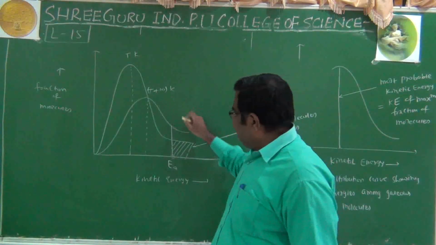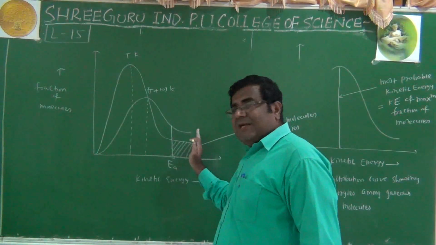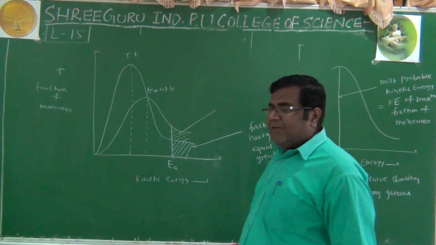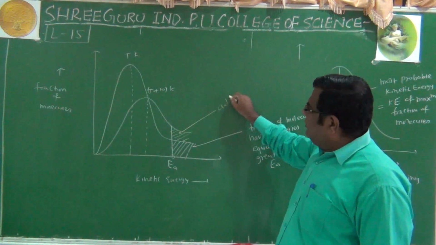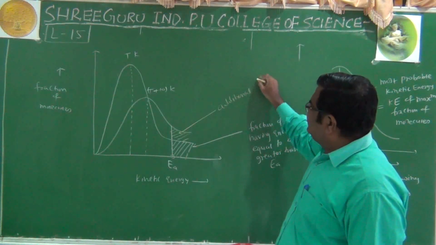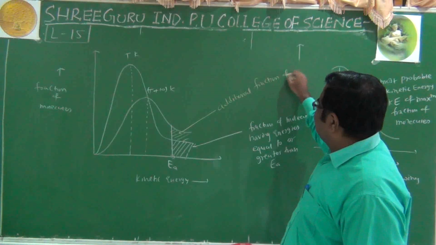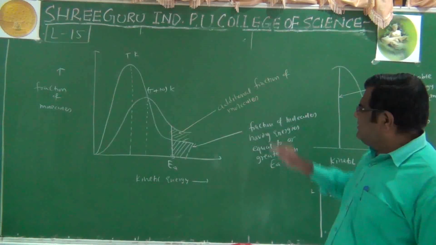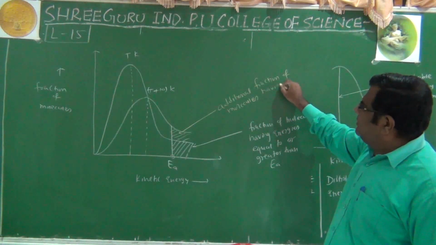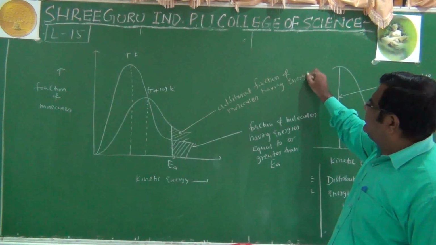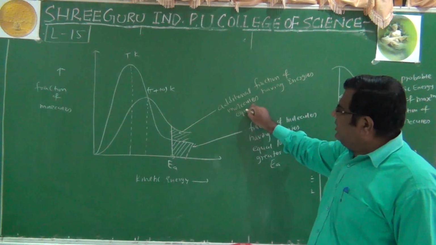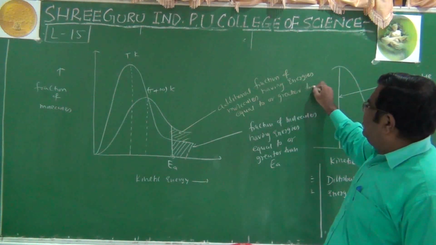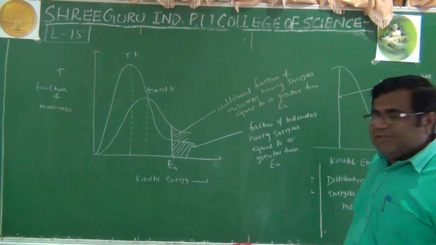And at T plus 10K, how many molecules are passing that barrier? We can see this and we can write this as additional fraction of molecules having energies equal to or greater than activation energy.